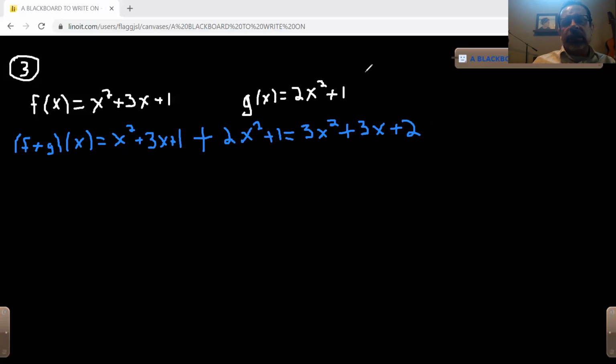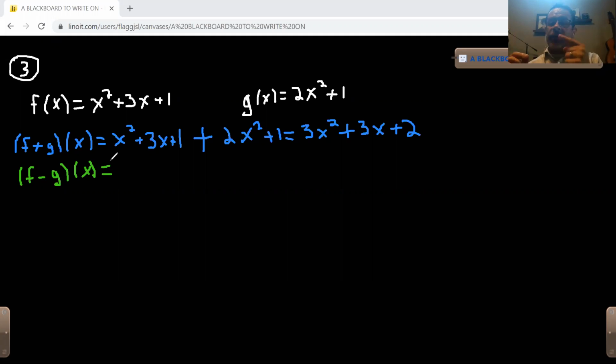Now let's try to do the subtraction. So the subtraction would be f minus g. With addition, it's the same if we add f plus g as if we add g plus f, but the subtraction would be different. So be very careful in the exercises.